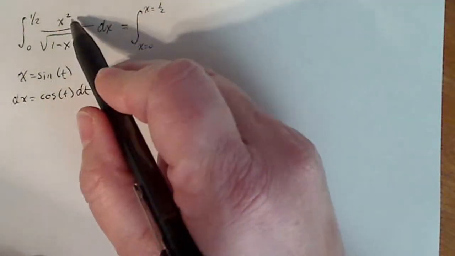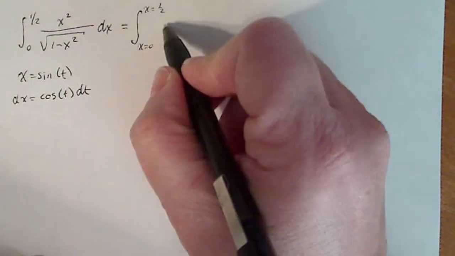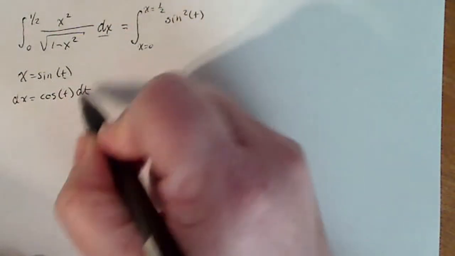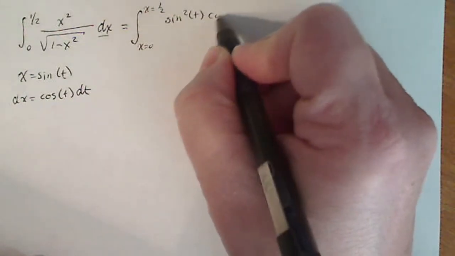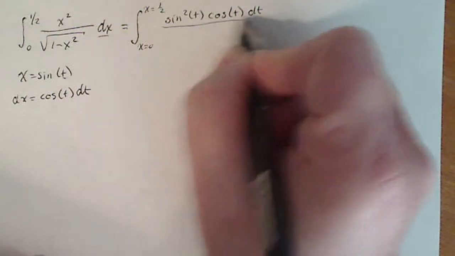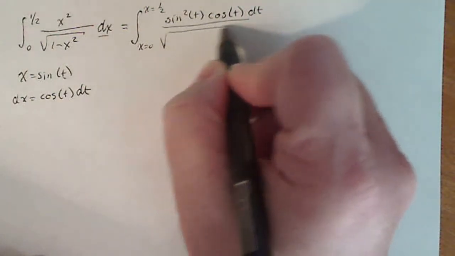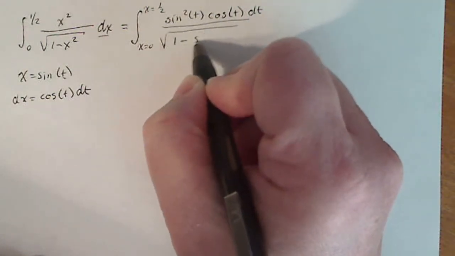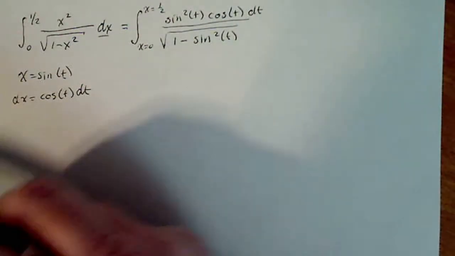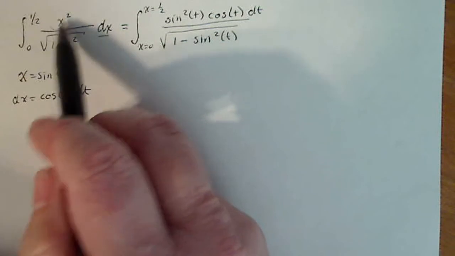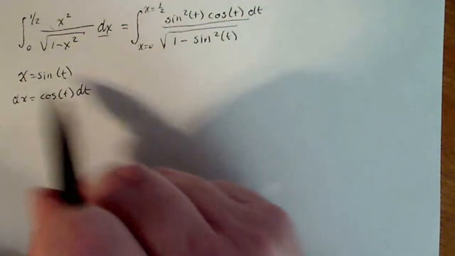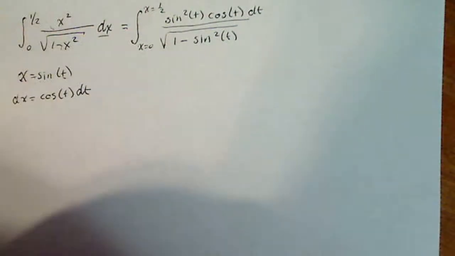So x squared becomes sine squared t. dx becomes cosine t dt, and on the bottom I get the square root of 1 minus sine squared t. So x is sine t, so that's why it's sine squared t on the top. Cosine t dt is dx, and I replaced x down at the bottom with sine squared t.